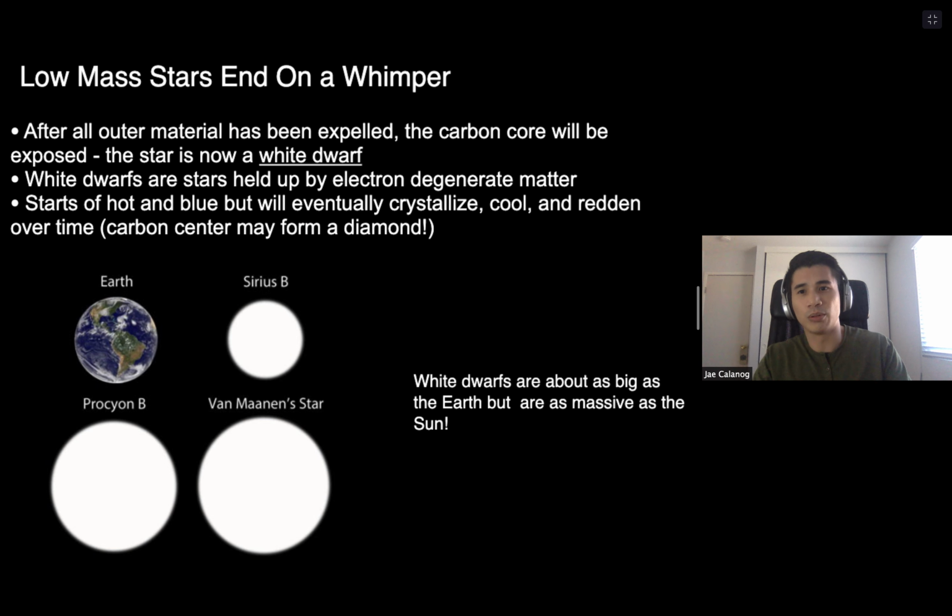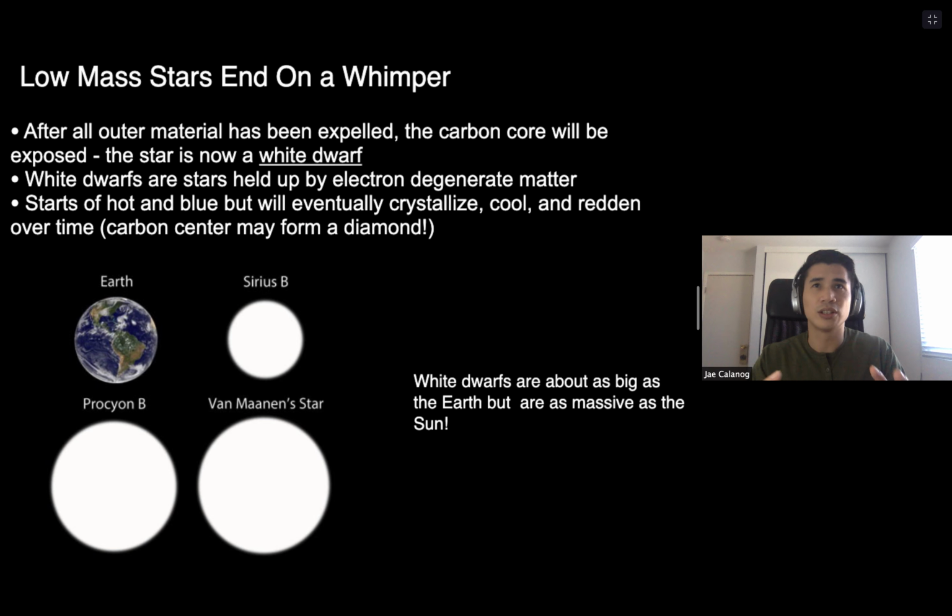And that carbon core is what we actually call the white dwarf. And so these white dwarfs, because they're so dense, are essentially held up by electrons pushing against each other. And those electrons are kind of just fixed in place. And remember, we had a special name for that. That's called electron degenerate matter.